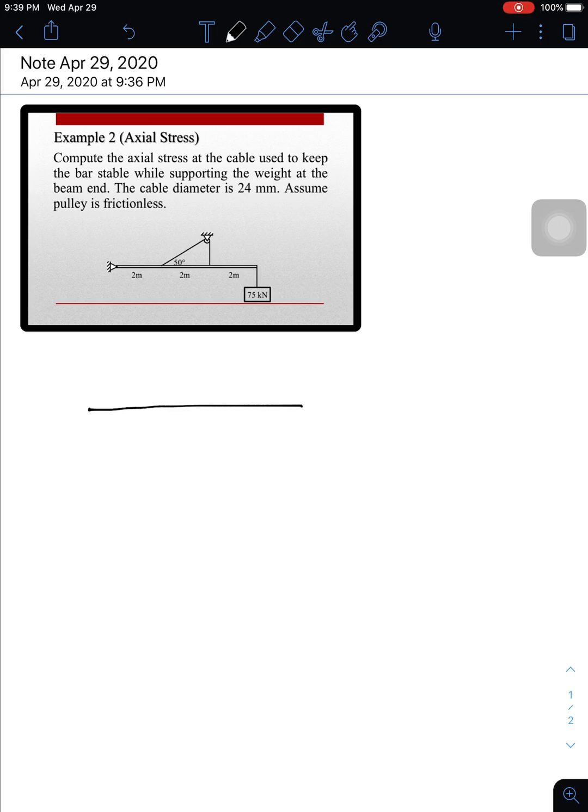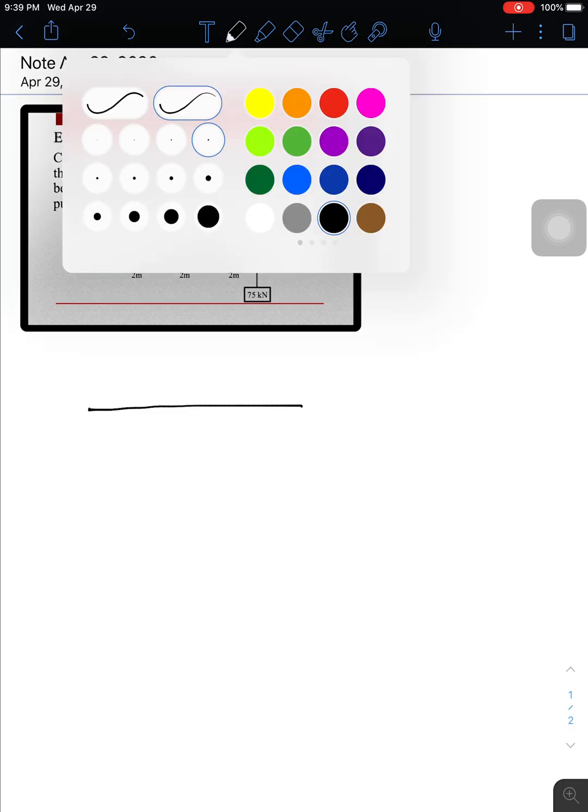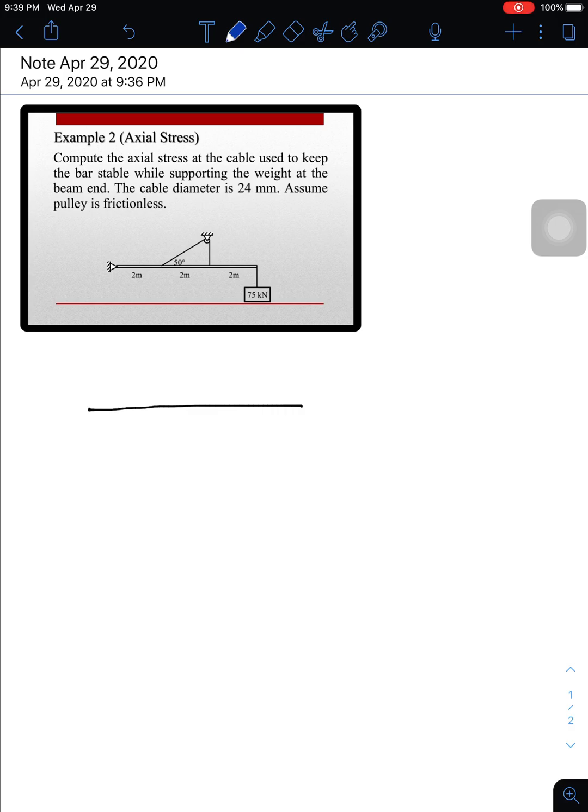So this is the beam or the bar, and the bar is supported by a tension cable. Why is it tension? Because as you observe, the way it is supporting the whole system here, it serves as a suspension, since the cable is connected to the pulley over there.